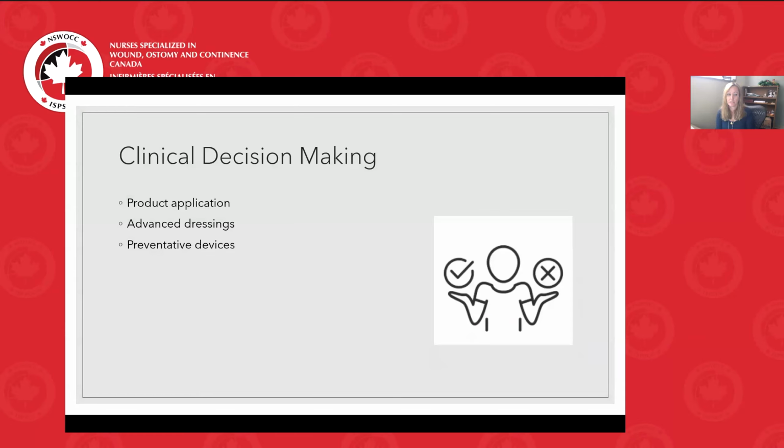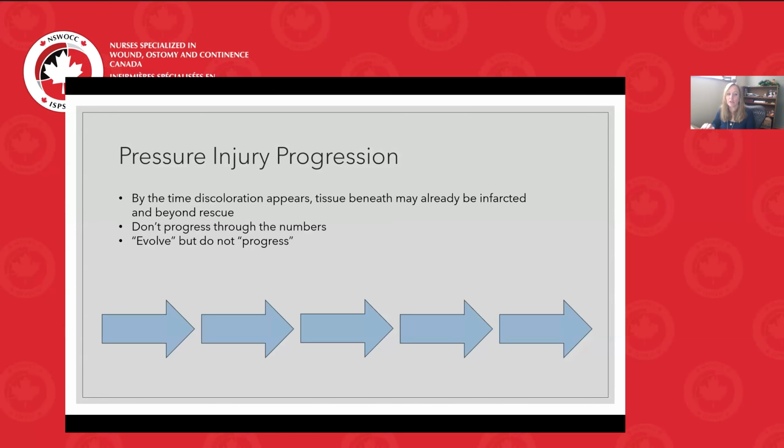When we talk about clinical decision making, we want to look at product application, advanced dressings, and then preventive devices that are out there. We know that pressure injuries can progress, but they don't always progress. By the time the discoloration appears, tissue underneath of it may already be infarcted and may be beyond rescue. These don't progress through numbers, so you're not going to have a stage 1 that goes to a stage 2 that goes to a stage 3 right away.